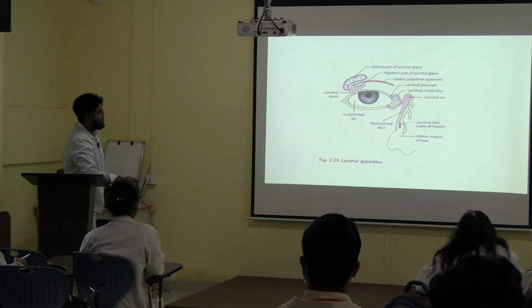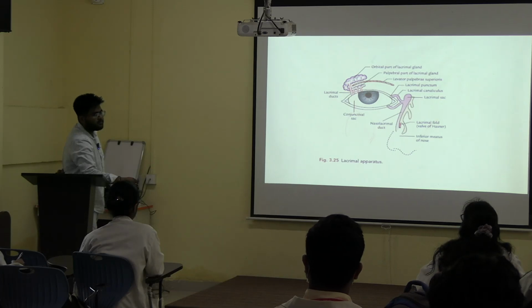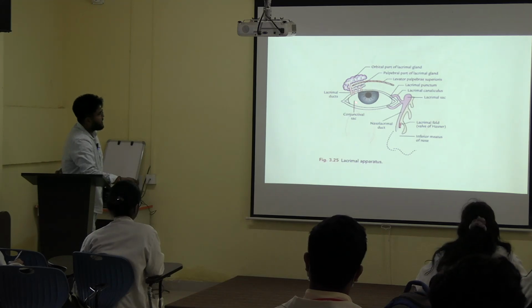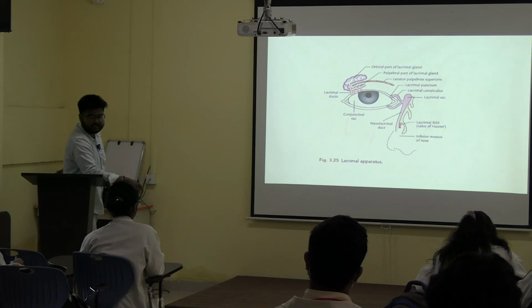Can anyone tell me what this part is called? What do you normally call it? Cornea. The black part is called the cornea, and this is called the sclera. Here mainly the conjunctival sac is present, and the ducts are directly attached to this conjunctival sac part.